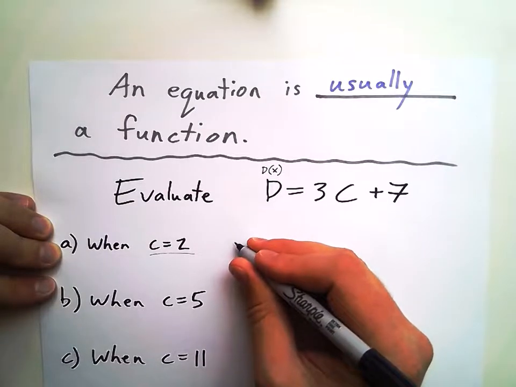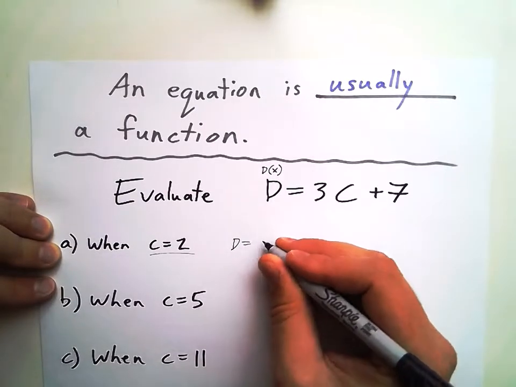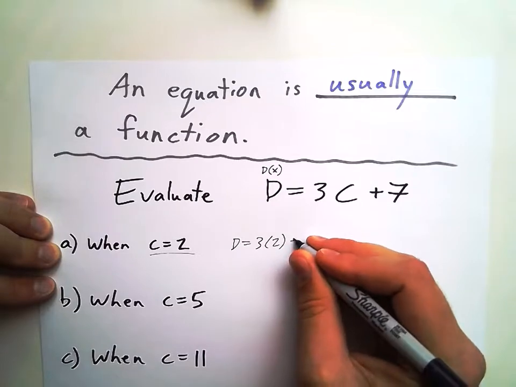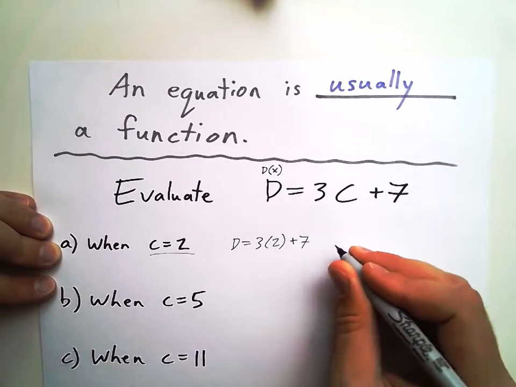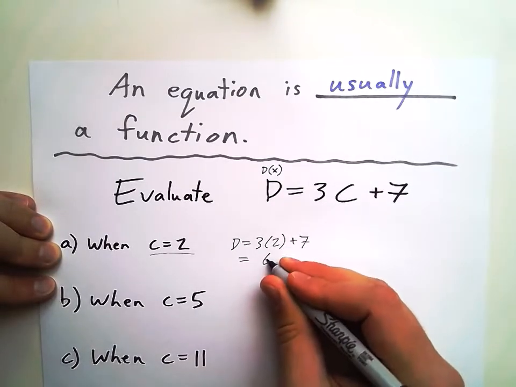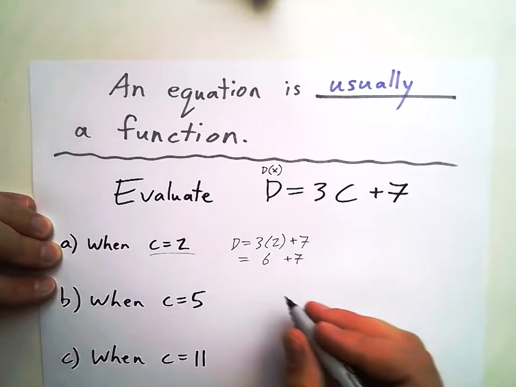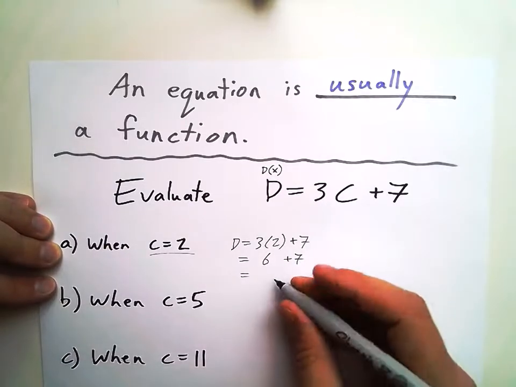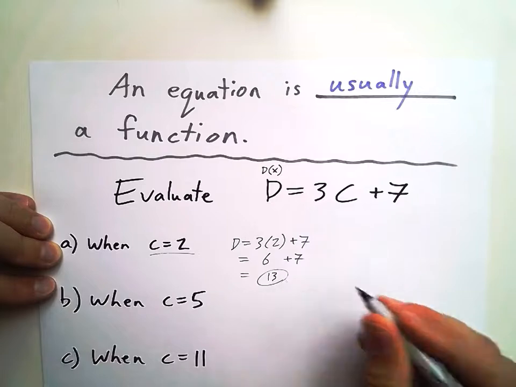So this one, we'll just say d equals 3 times 2 plus 7, which would be 6 plus 7, which would be 13.